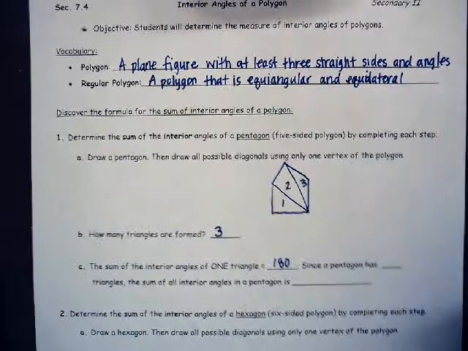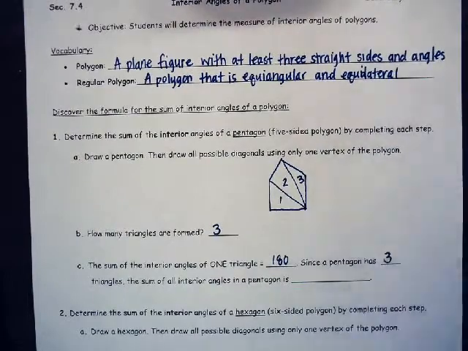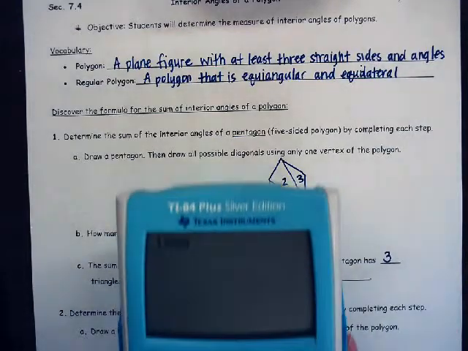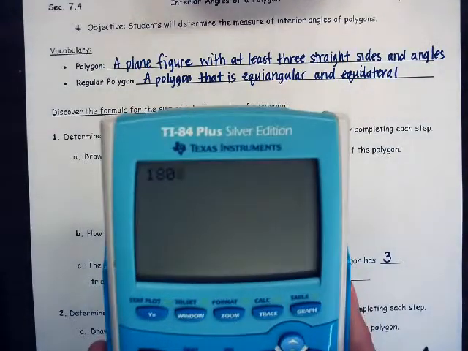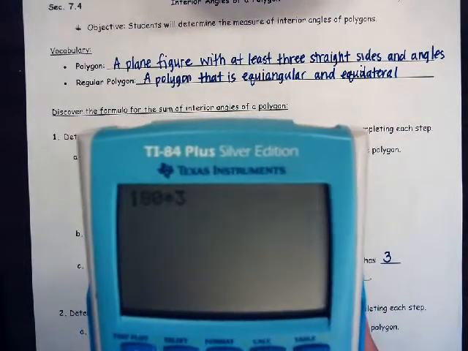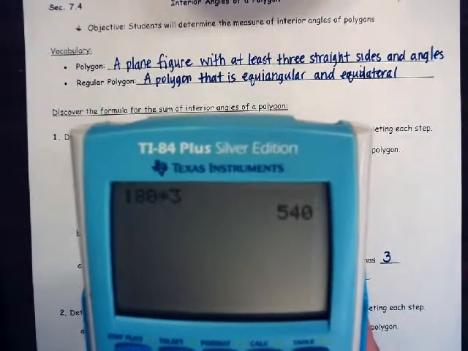Since a pentagon has 3 triangles, the sum of all the interior angles in a pentagon is, well, how would we find that? What are we going to do to figure that out? There's 3 triangles, and each of them has 180 degrees. I'll show you my calculator here if you can see it. 180 times 3, we get 540.